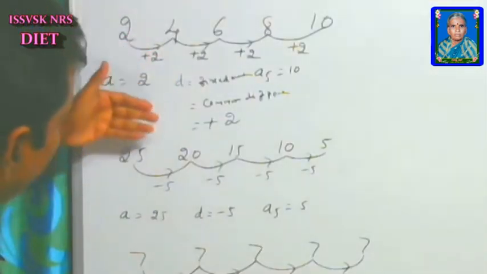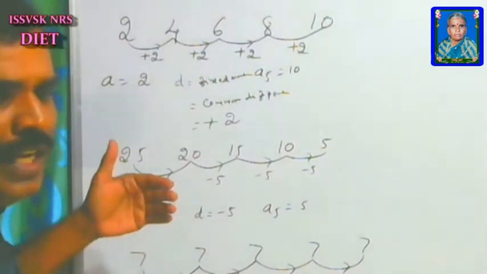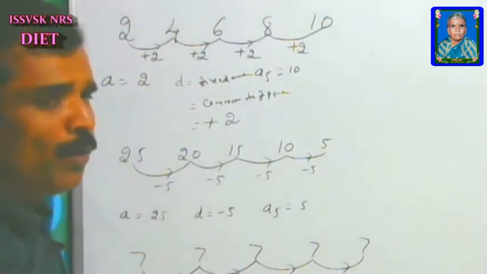By using all these three examples, we can define arithmetic progression.